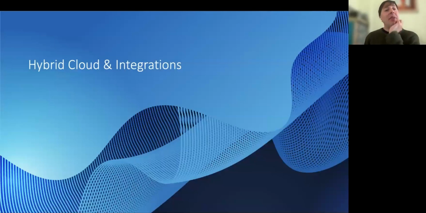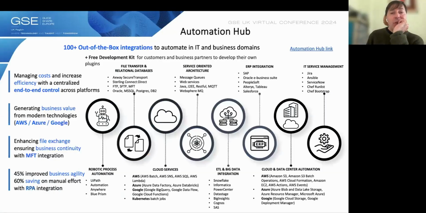So let's talk a little bit more about the integrations and hybrid cloud integrations. In the Automation Hub, you can find more than 100 out-of-the-box integrations. For this, you just need to install the Dynamic Workload Console that is free of charge, and have Z-centric agents that run on distributed platforms or even on Z Linux to run these applications.